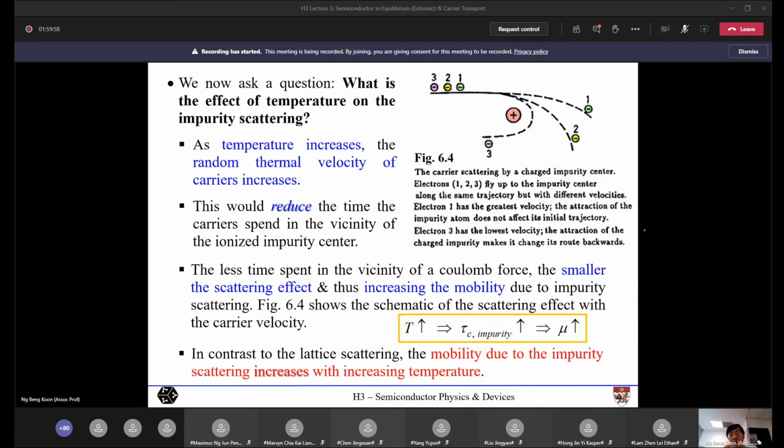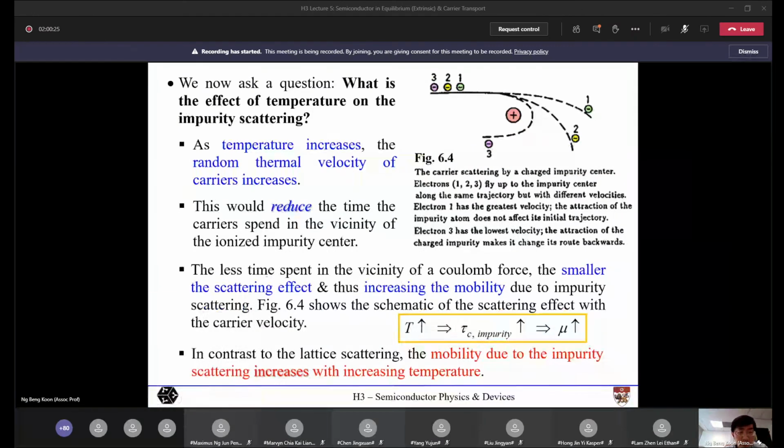Now, what about the case of temperature? How would the temperature affect ionized impurity scattering? To understand this, you can consider this scenario here. Suppose we have an N-type semiconductor where the majority carrier is the electron.